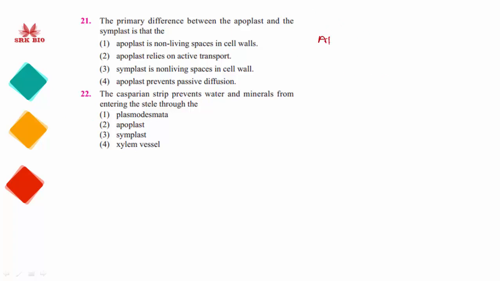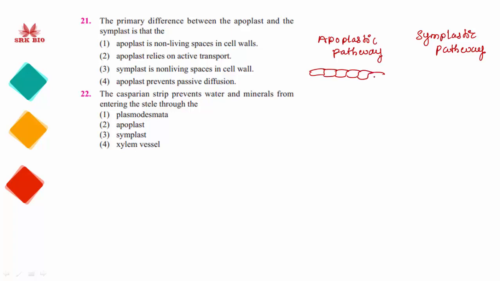One is the apoplastic pathway and another is the symplastic pathway. So there are two different pathways, apoplastic pathway and symplastic pathway. Say, for example, this is the outermost covering of either the root or the stem.